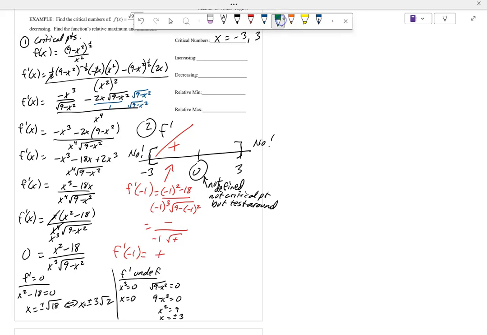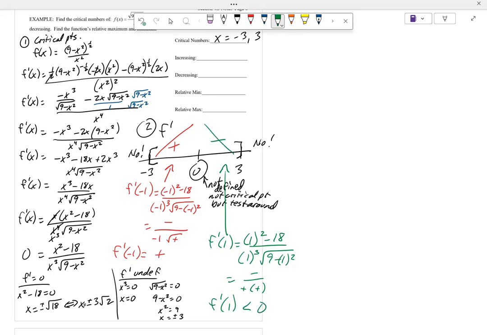Now let's throw in, like, 1, f prime of 1. So I got 1 squared minus 18. So I got a negative on the top. I got a 1 cubed times the square root of 9 minus 1 squared. I got a positive on the bottom. I got a negative over a positive times a positive. So negative over a positive is a negative. So f prime of 1 is negative. So the original function must be decreasing from 0 to 3.